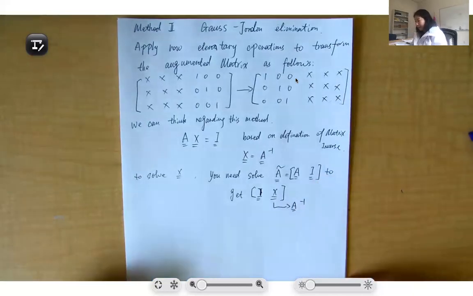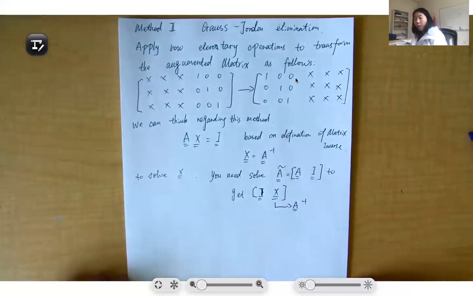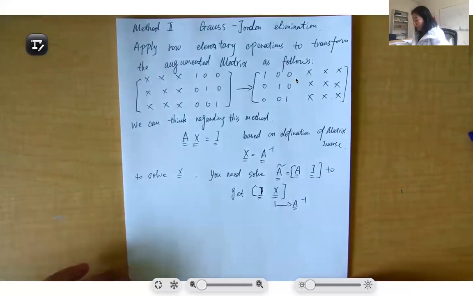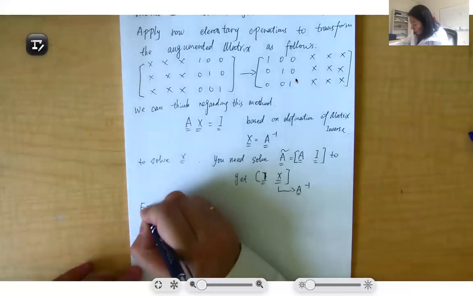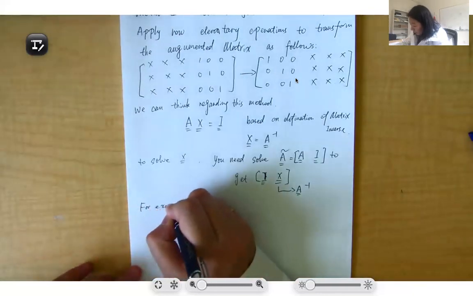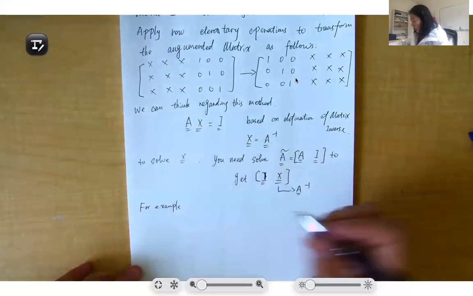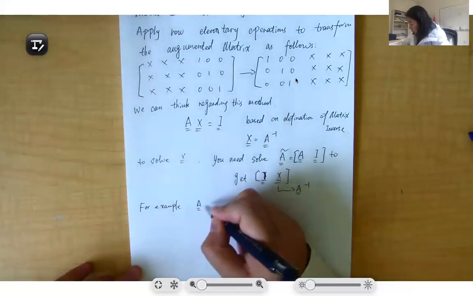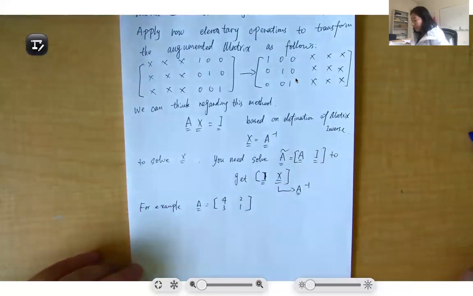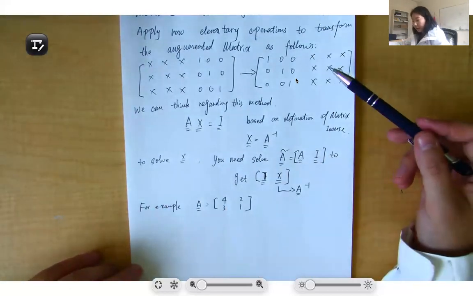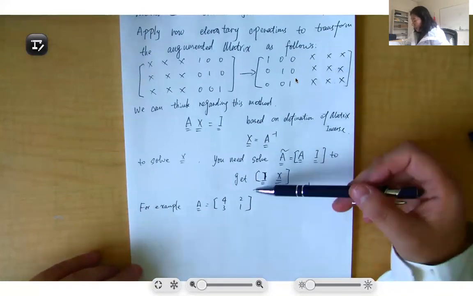Okay, and let's use the same example as method 1, but using a different method, Gauss-Jordan elimination. So for example, we have a 2D matrix. A equals 4 3 2 1. And we are trying to use Gauss-Jordan elimination to get this A inverse.